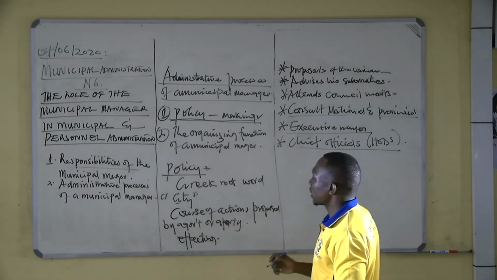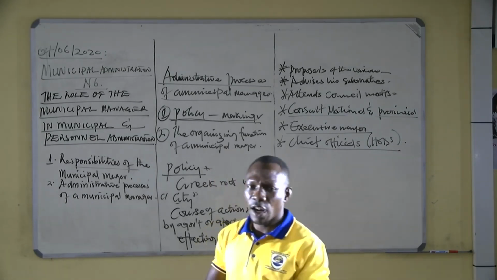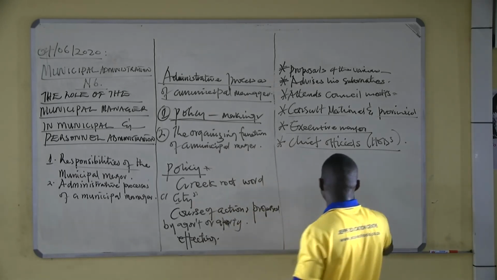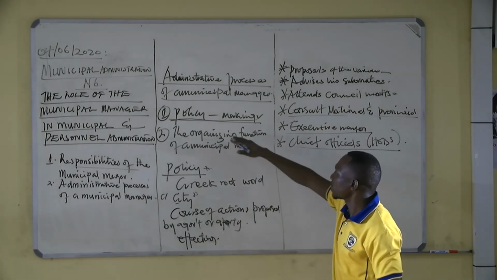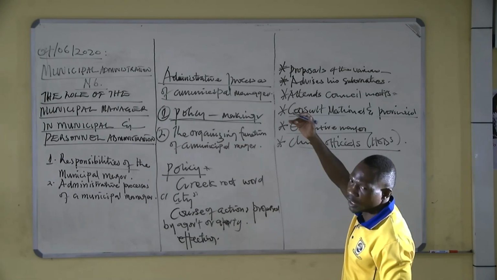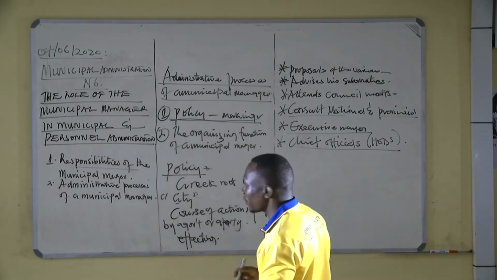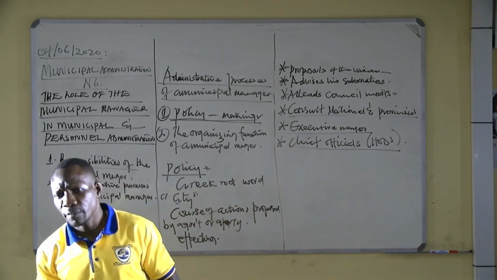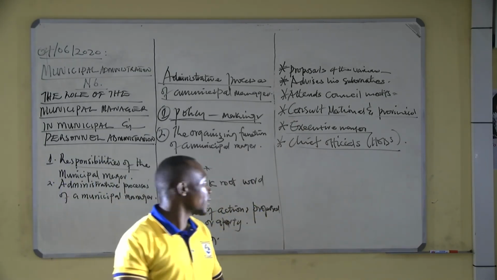In simple terms, are in line with the national legislation. And also the chief officials, to make sure that they help him or her to come up with proper proposals of the policies before they are taken for further amendment and implementation.